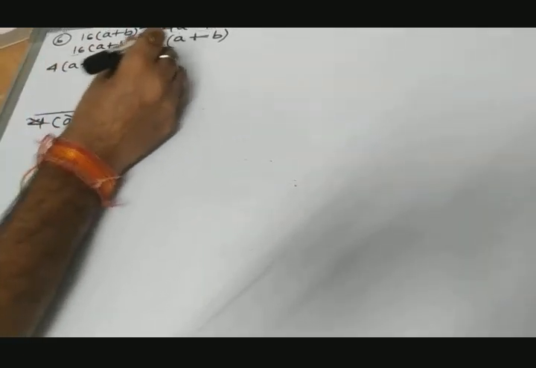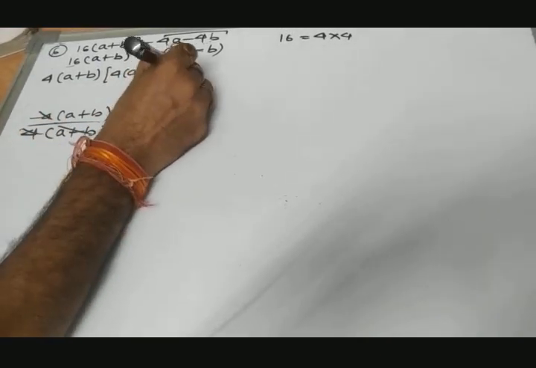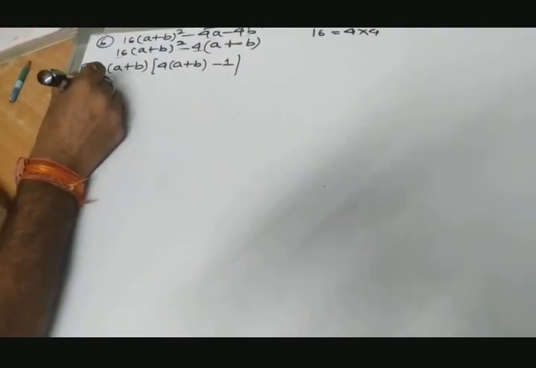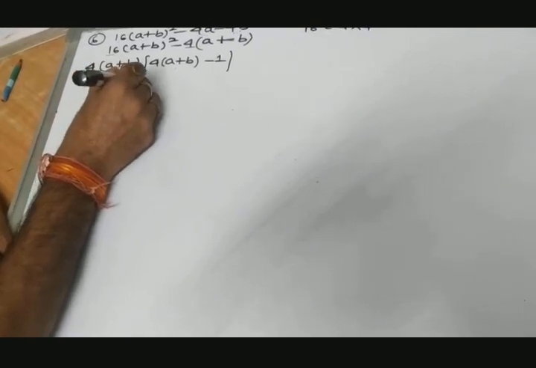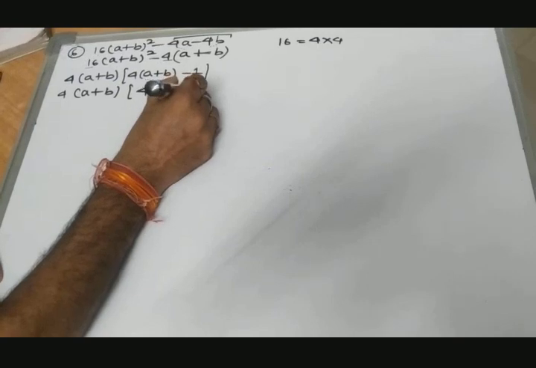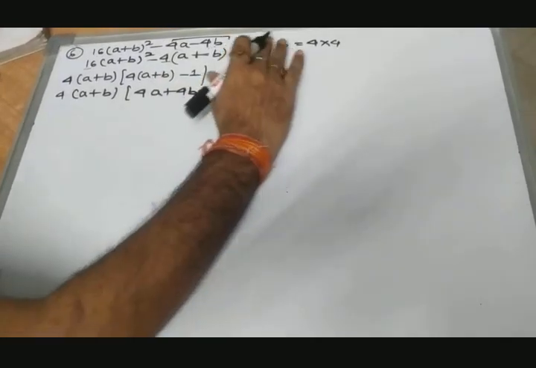Now second term is minus 4 times a plus b. When we divide, 4 cancel and a plus b cancel, answer will become minus 1. So 4 times a plus b, now we will open the bracket, it converts into 4a plus 4b and minus 1. It is your required answer.